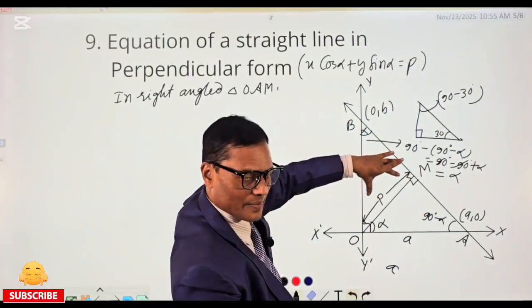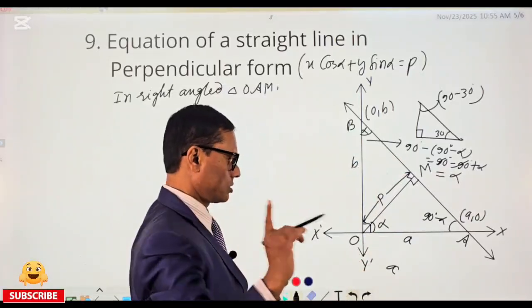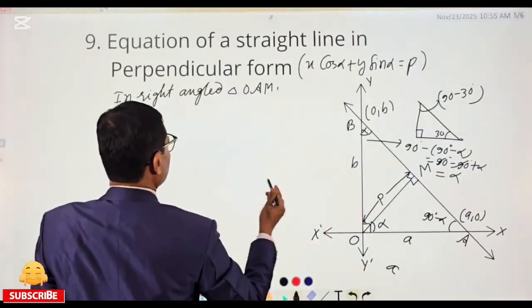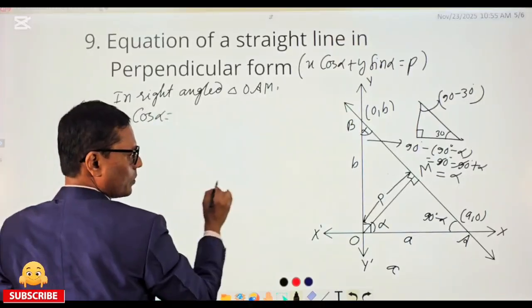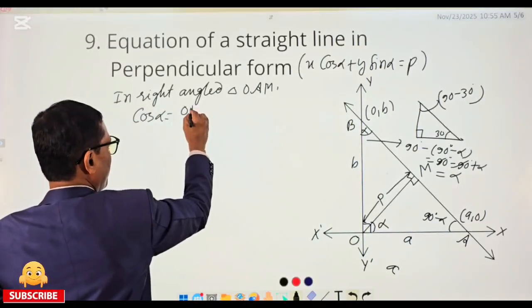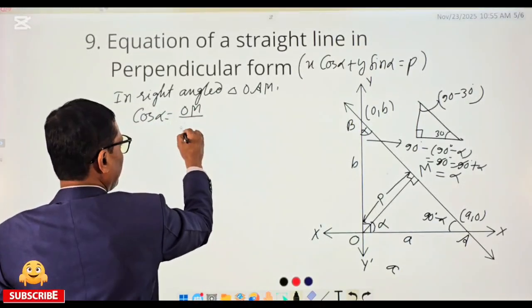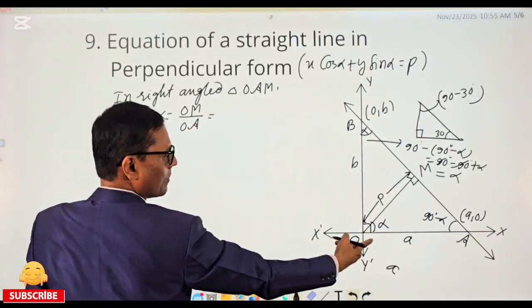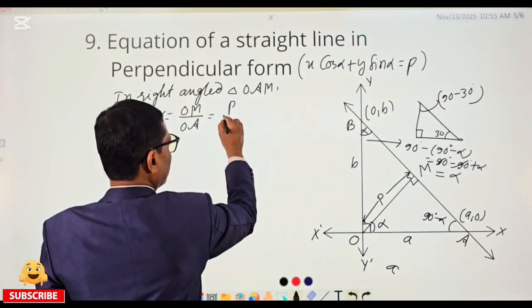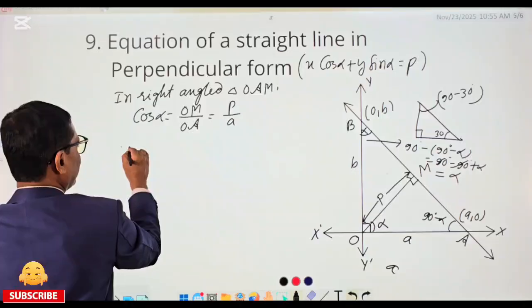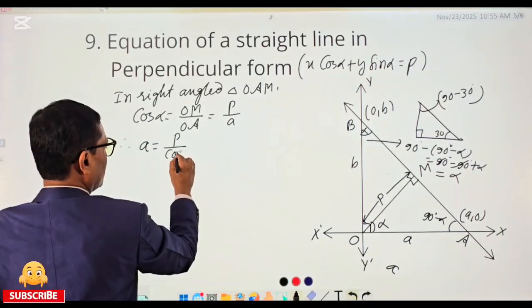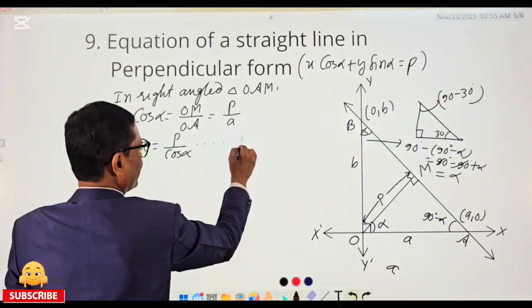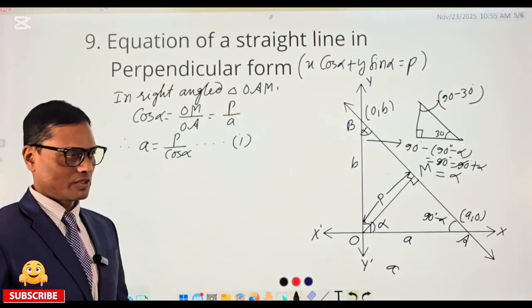Hypotenuse and base are involved, so we have to apply cos. So in this triangle, cos alpha equals OM over OA, and OM equals p, so OA equals p over cos alpha. That's clear? 100% clear.